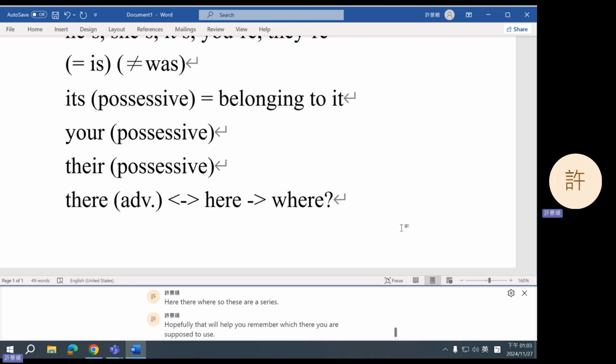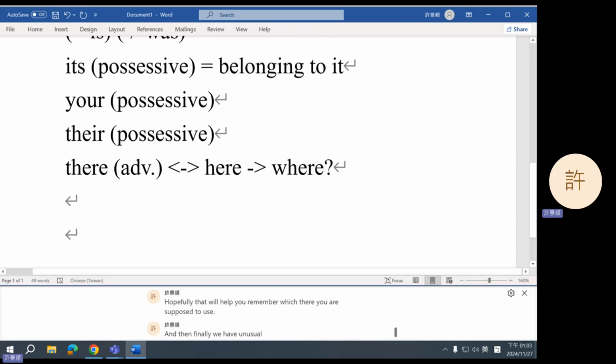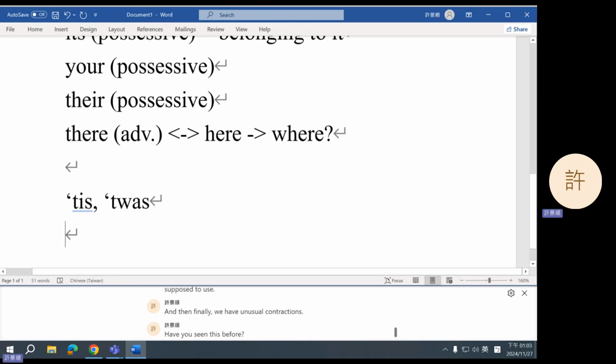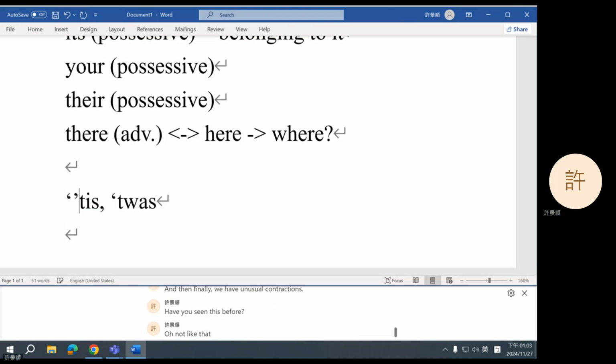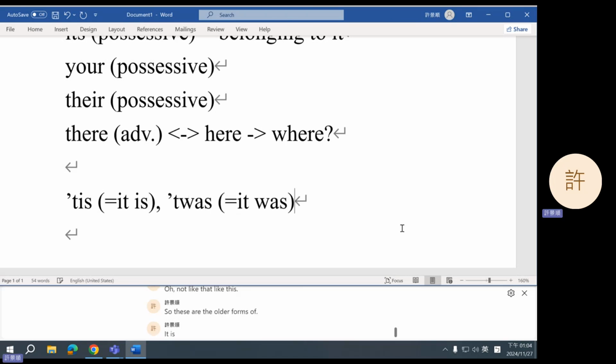And then finally, we have unusual contractions. Have you seen this before? Well, not like that, like this. So these are the older forms of it is and it was. So if you read more formal literature, or if somebody is being funny online, you may see these contractions, and now you know what they mean.